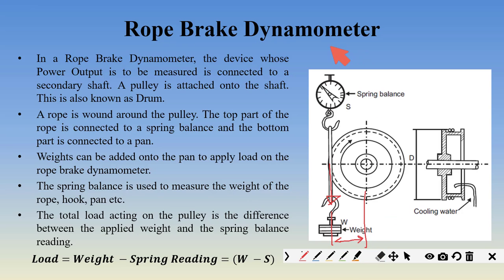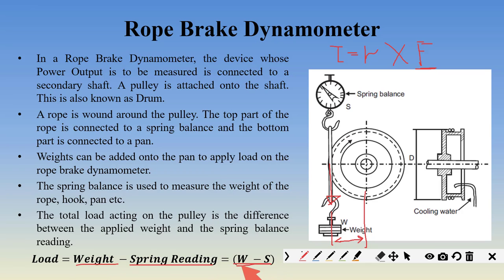What is the formula for torque? R cross F. So if we know this radial distance, we know this F. What is F? Weight minus spring reading.